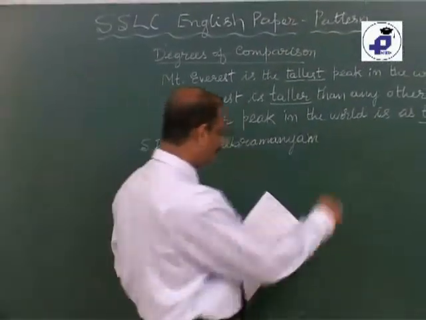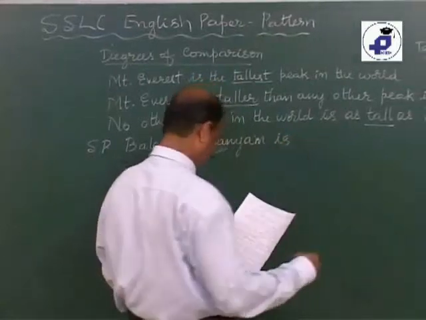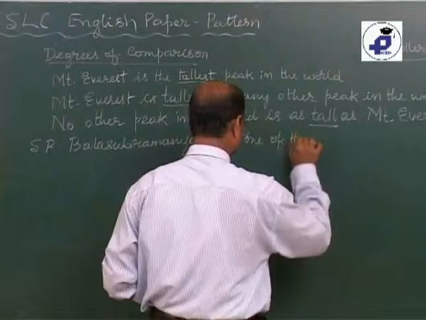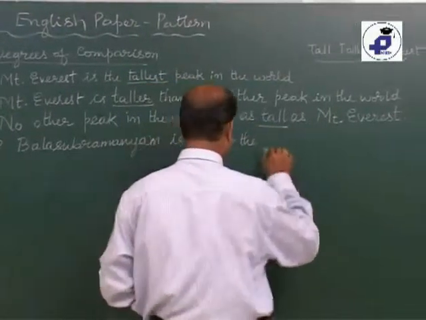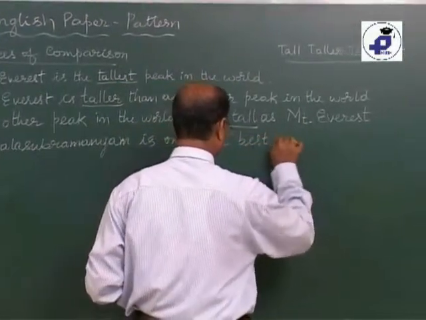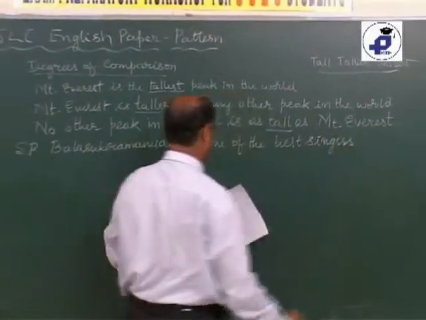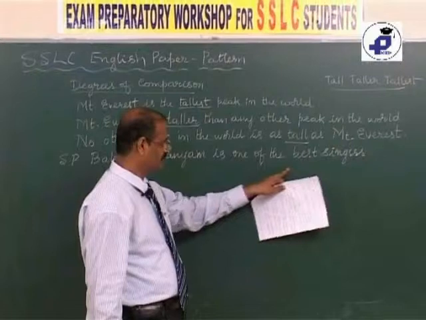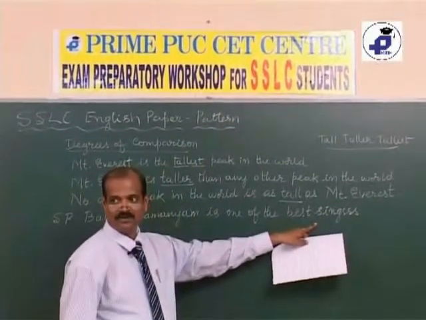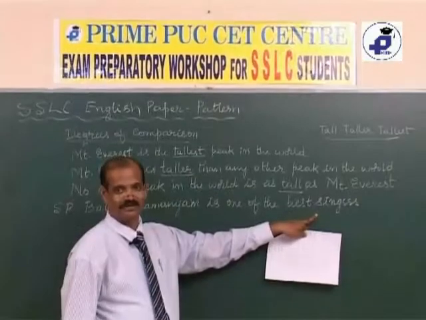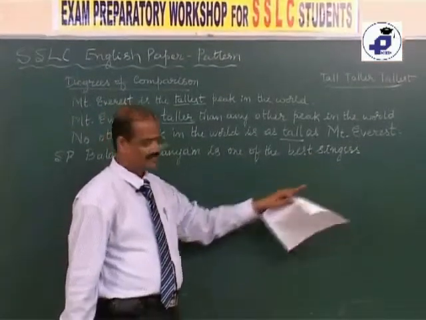S.P. Balasubramaniam is one of the best singers. Remember, whenever you use one of the, it should be plural. One of the singers, one of the boys in the class. You cannot say one of the boy.